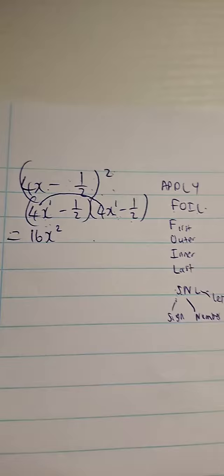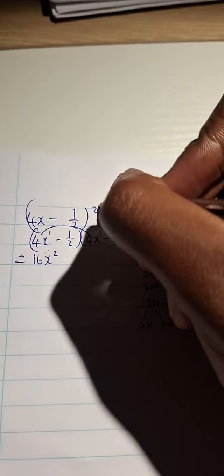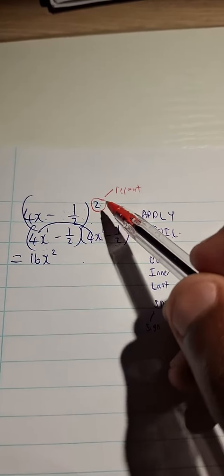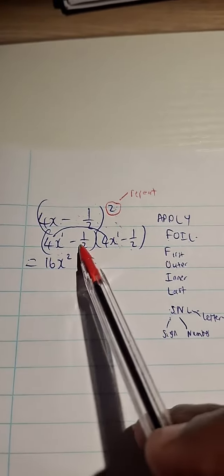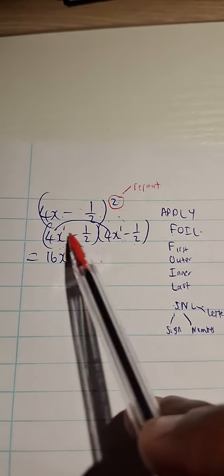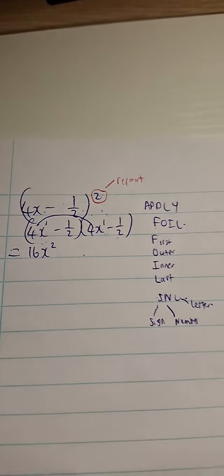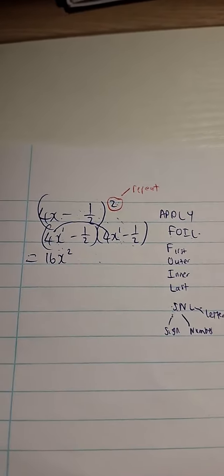Why are we opening two brackets? It's because we can see there's an exponent 2. This is saying repeat. We're repeating twice this expression, 4x minus half. So we say 4x minus half into 4x minus half.